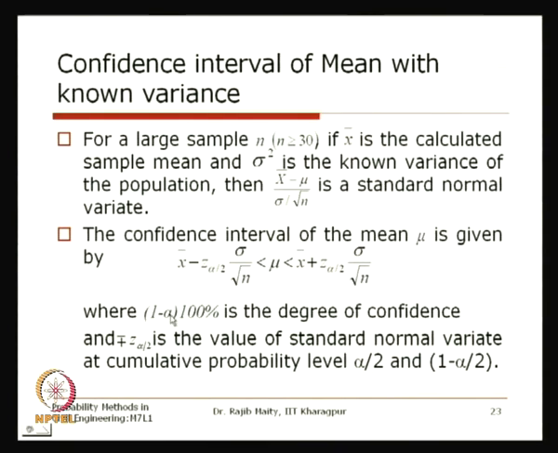If the confidence is 0.95, then alpha will become 0.05 and alpha by 2 will become 0.025. At this 0.025, the z alpha by 2 value will be 1.96. So this will be x bar minus 1.96 multiplied by sigma by square root n, and here also plus 1.96 sigma by square root n.